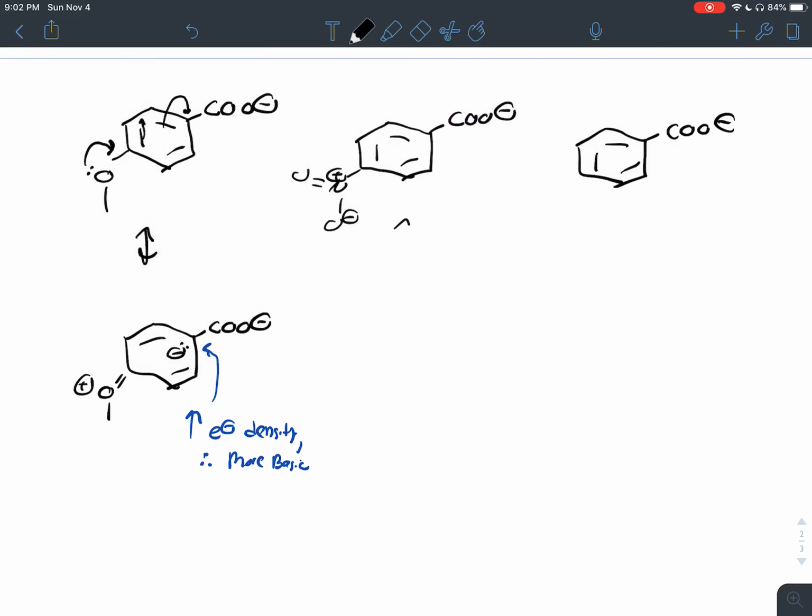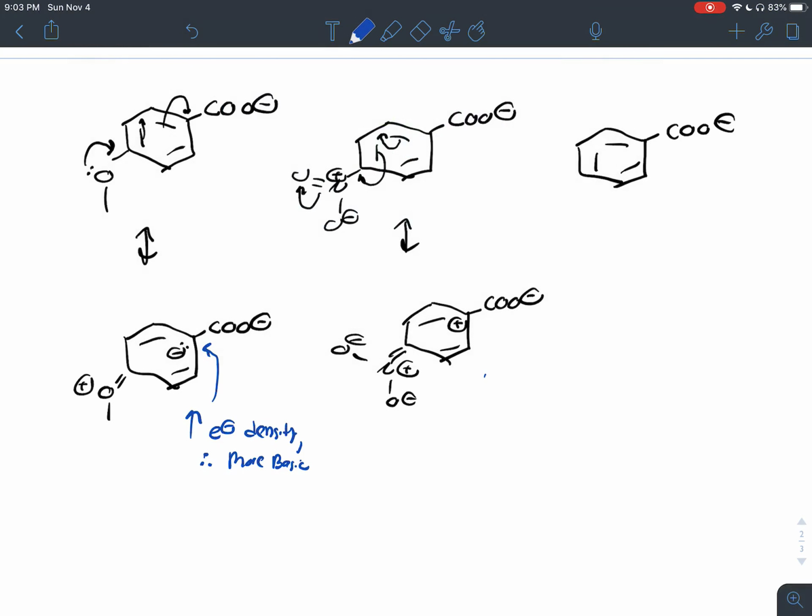If we go to the next one, remember nitro groups are electron withdrawing. What's going to happen here is we can draw a resonance structure where now, instead of that, we have a positive charge. Drawing that out, O minus, plus.